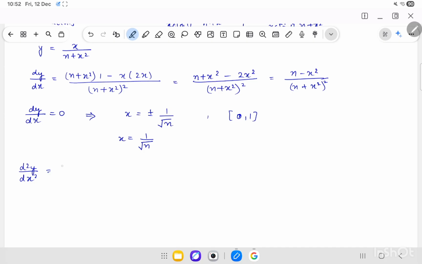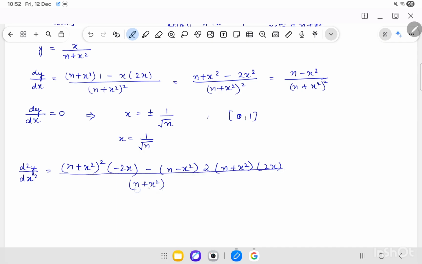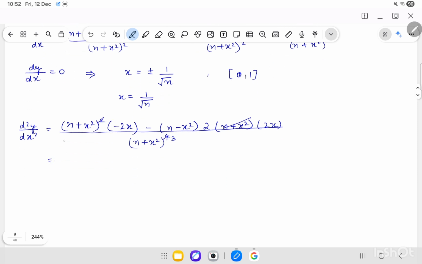It will be (n plus x square) whole square times minus 2x minus (n minus x square) times 2 times (n plus x square) times 2x, divided by (n plus x square) raised to 4, and I can easily balance out one power by taking n plus x square common from the numerator.